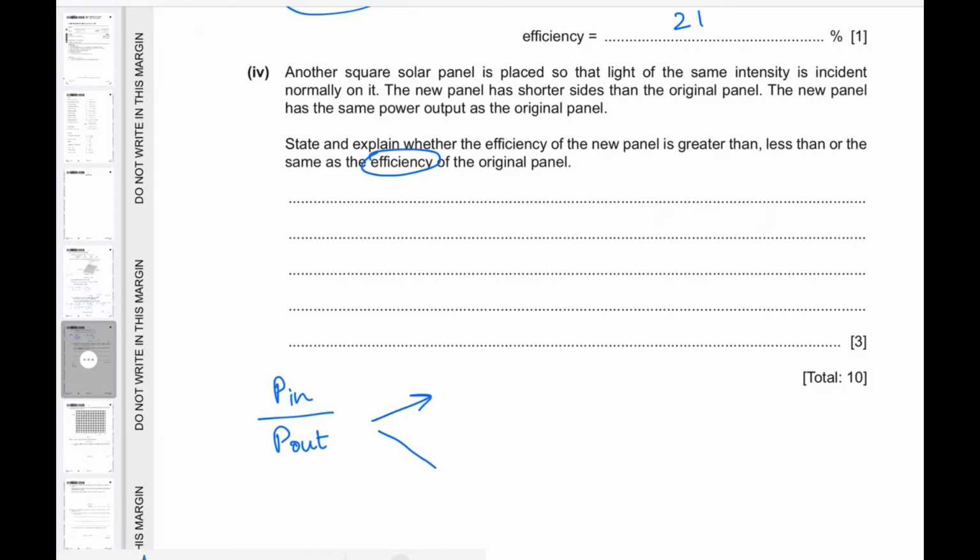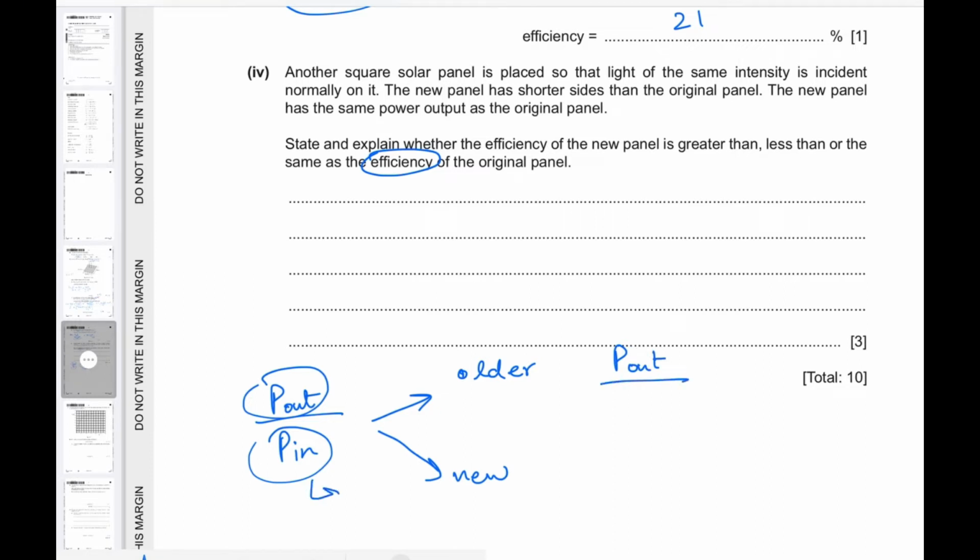So let's compare the older versus the new panels. In the older panel, the side length is longer, right? So that means, okay, I got it. This should be power out over power in. Power out for both is the same, so let's just write it that way.